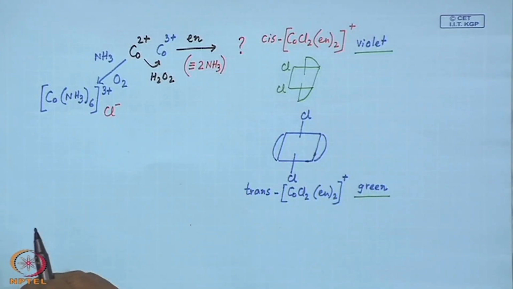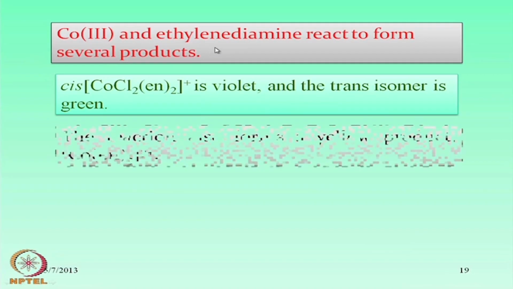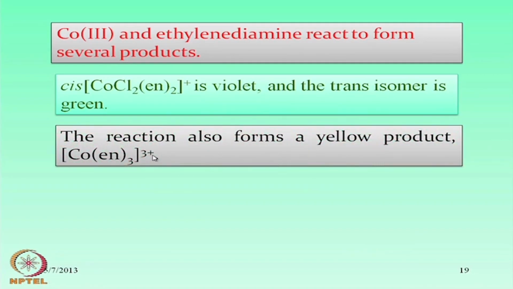So how can we identify all these different products even if we are reacting only cobalt 3 with ethylene diamine? Not only the cis variety and the trans variety, but when we exhaustively replace all the Cl groups, we get the tris ethylene diamine cobalt 3 compound also, which is yellow in color.